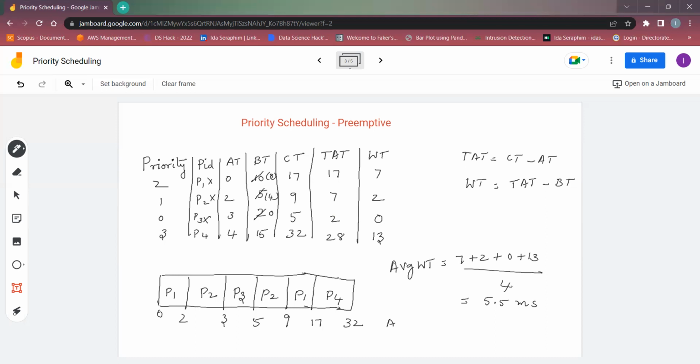The next is the average turnaround time: 17 plus 7 plus 2 plus 28 divided by 4, which is around 13.5 milliseconds. So this is how the priority scheduling algorithm in a preemptive mode works. In the next video, we will see some other scheduling algorithm.